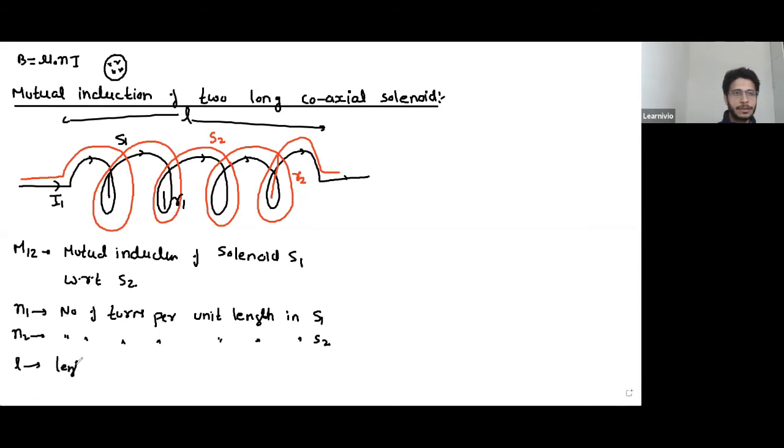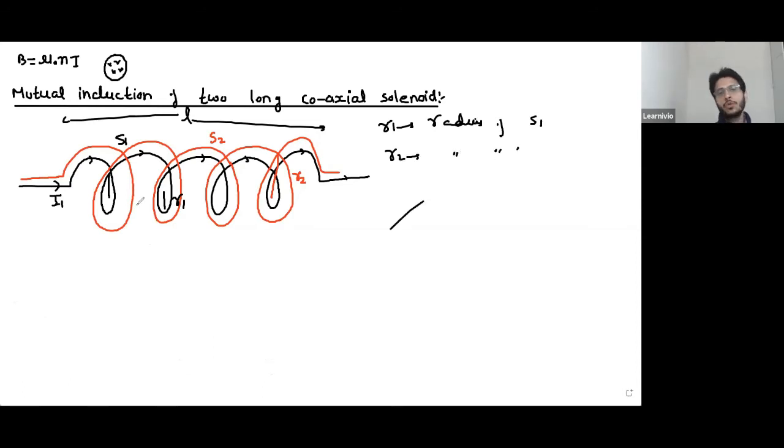L is length of solenoid S1 and S2. Similarly, R1 and R2 are radii. R1 is radius of S1 and R2 is radius of S2. So to calculate mutual induction, M12, we are calculating M12, right? So first I will calculate M12 or M21, just let me see.